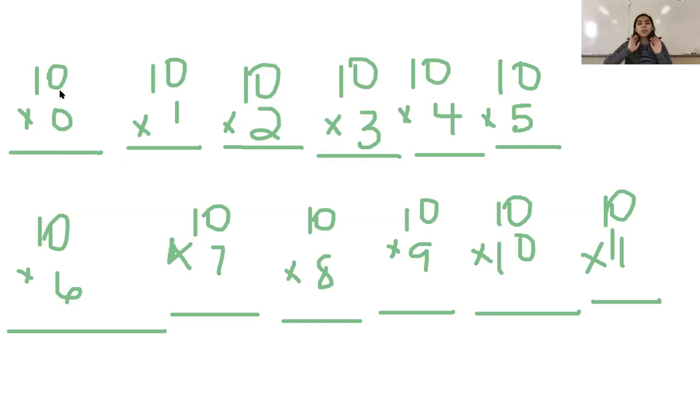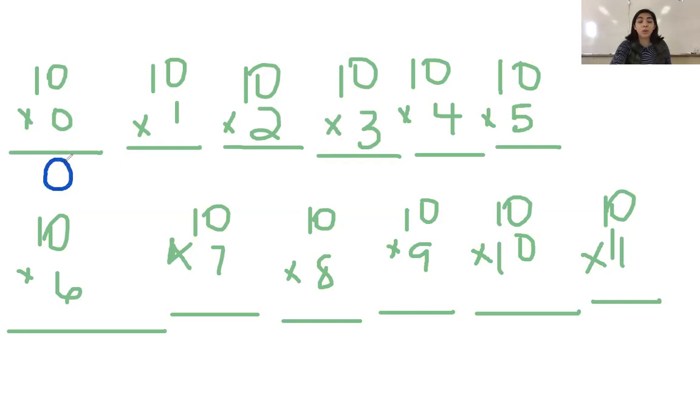Or you have 10 groups with 0 things in it. How many things do you have? 0. Anything, boys and girls, that is multiplied by 0 will equal 0. Okay? So 10 times 0 equals 0.